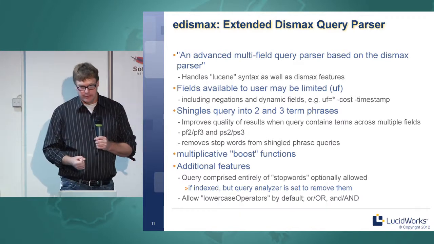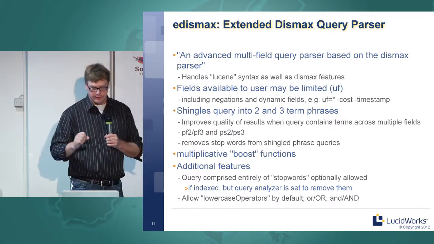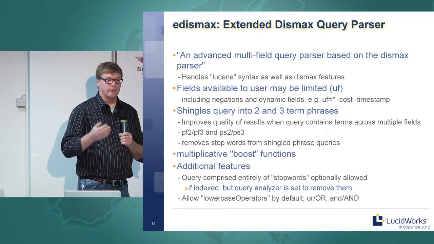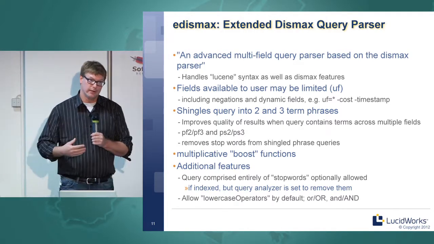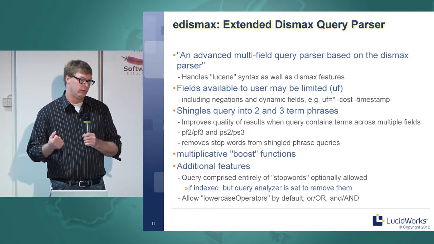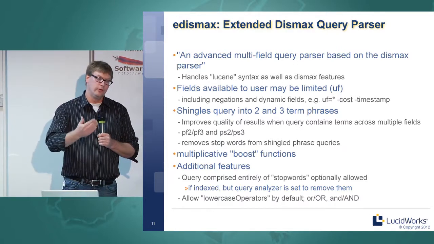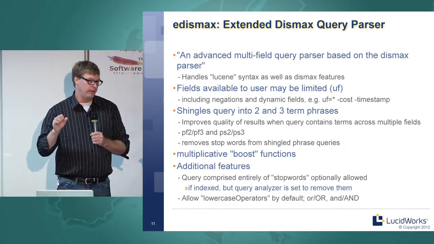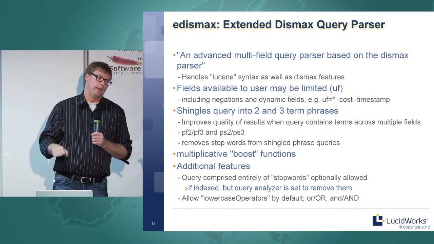In a recent development, and I think Jan is actually here somewhere, he added this user field capability so that the extended Dismax can even restrict the fields that can be queried. This is a nice capability because one issue with opening up the Lucene query parser to your end users is that they are now able to query on fields that you maybe thought were private, that you didn't really surface in a way that they could easily query, but if they knew the field name, they could query on that.